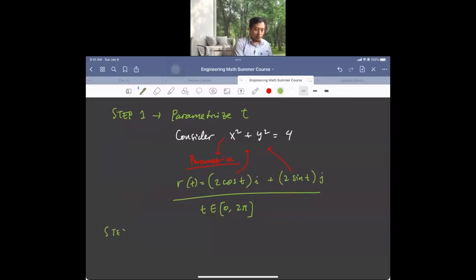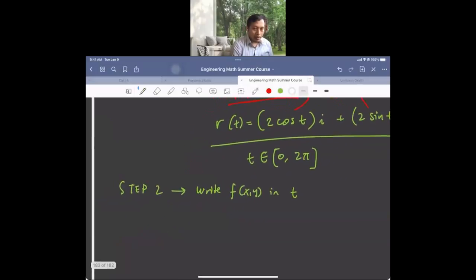Now the next part, after we take the parameterization, step 2 is to write the function in t in parametric equations.